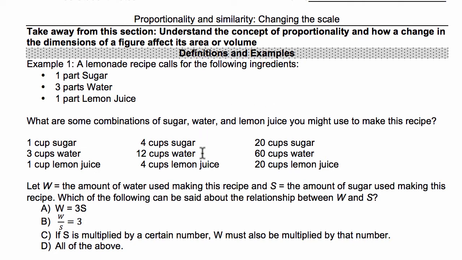Notice the amount of water and the amount of lemon juice is also multiplied by 5. So it does appear that if S is multiplied by a certain number, W must also be multiplied by that same number. Since A, B, and C are all true, the answer to this question is all of the above.